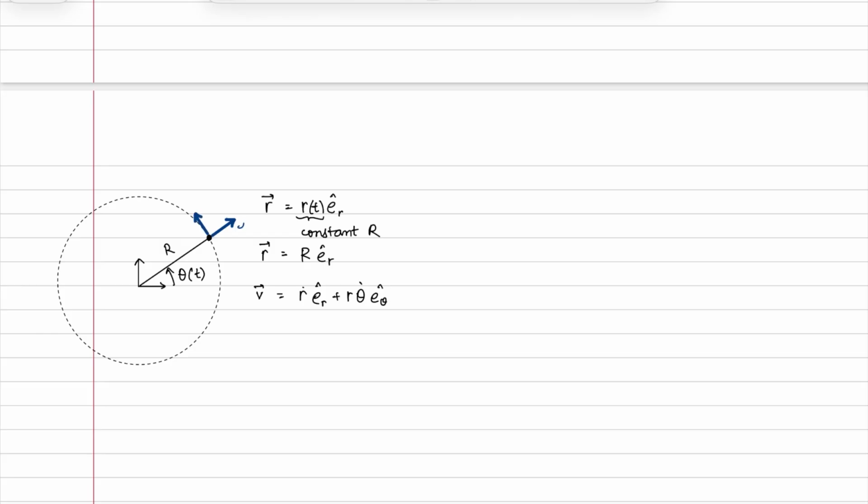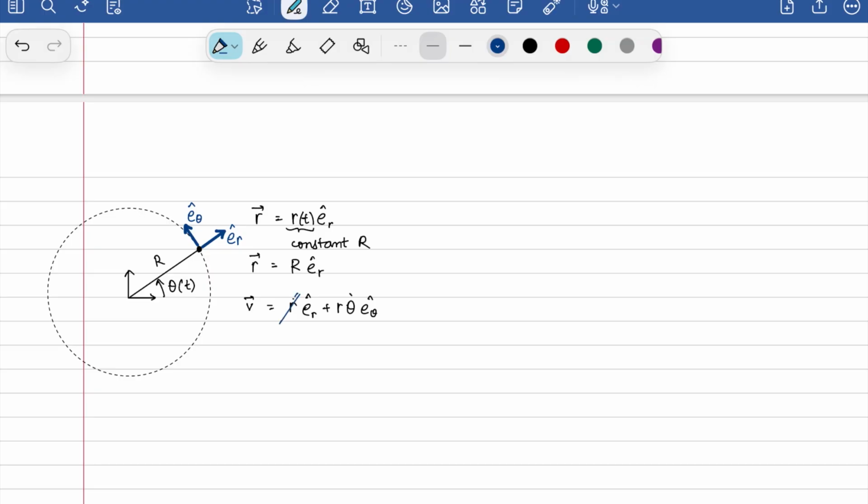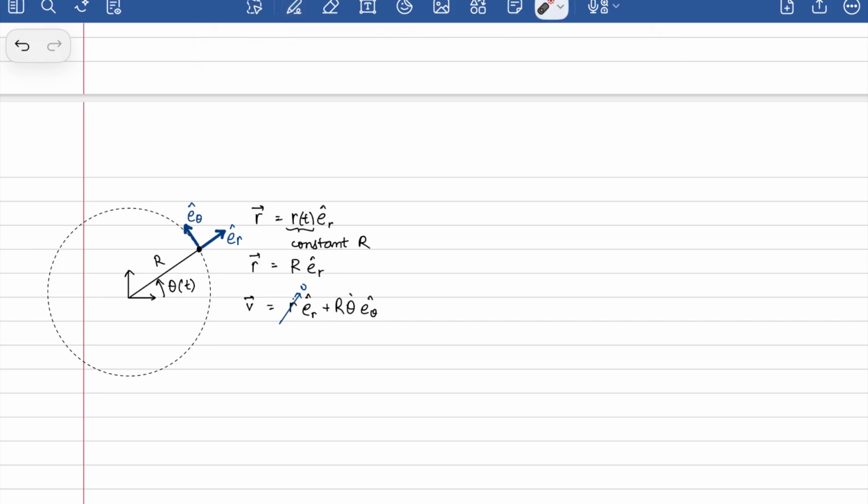This here is e_r hat. This here is e_theta hat. And what happens now is that since r dot is a differentiation of a constant, this goes to zero. And we're left with r theta dot, which in this case becomes capital R for a constant, theta dot. So that means the velocity is R theta dot in this direction.